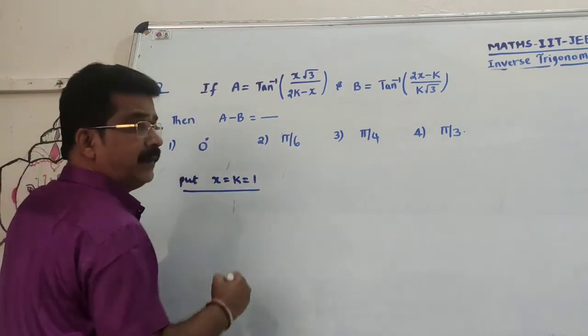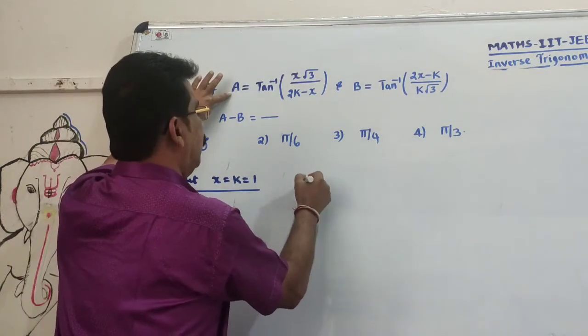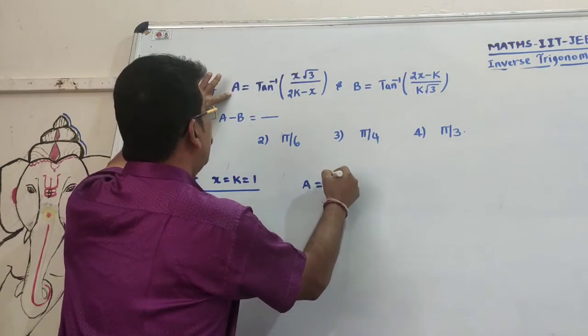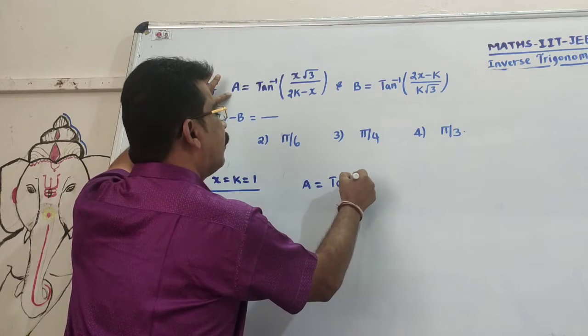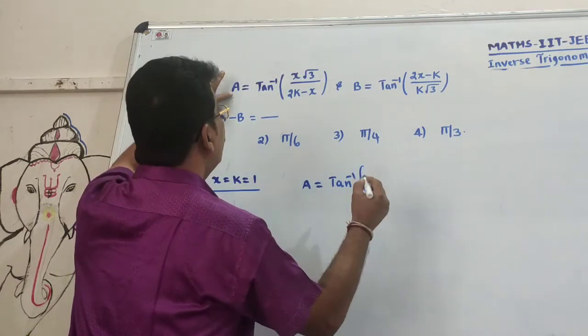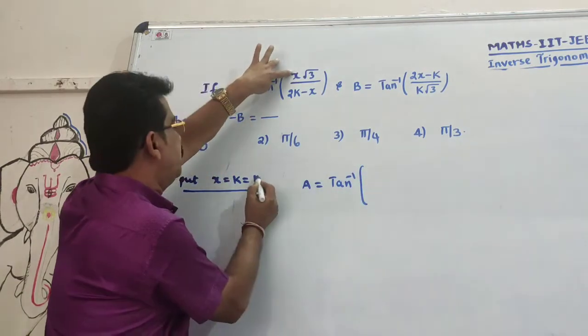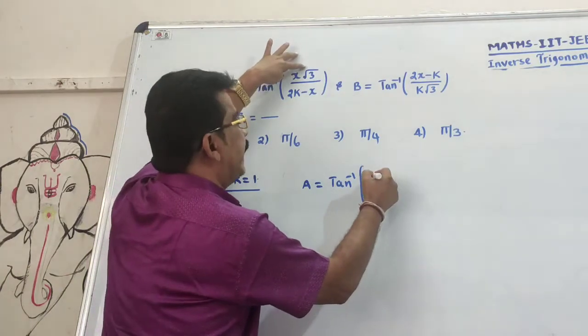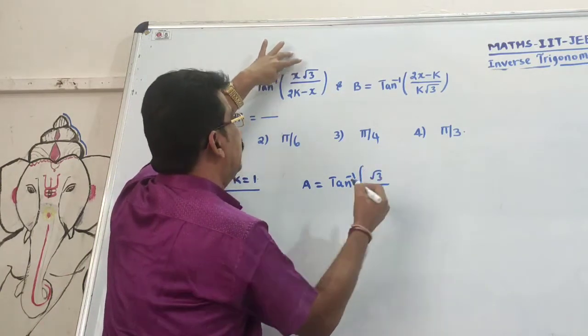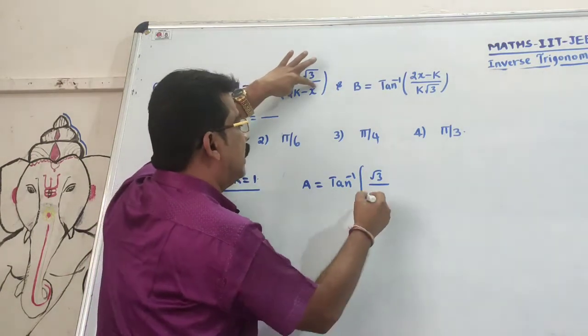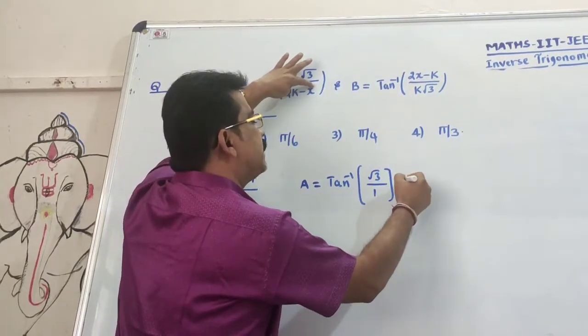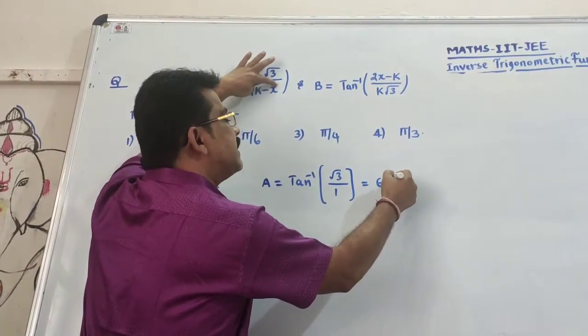This is the shortcut. Therefore, A is equal to tan inverse of x root 3 divided by 2 minus 1, putting x equal to 1. So A equals 60 degrees.